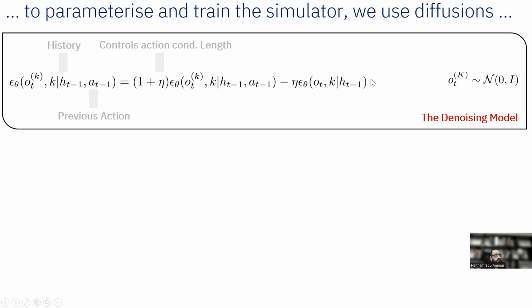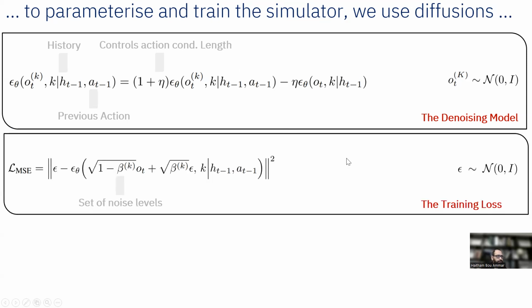The history, the previous history, is such that the last observation is actually coming from Gaussian noise. So this is the denoising model. H is the history, A is the previous action, and this eta controls the action conditioning.